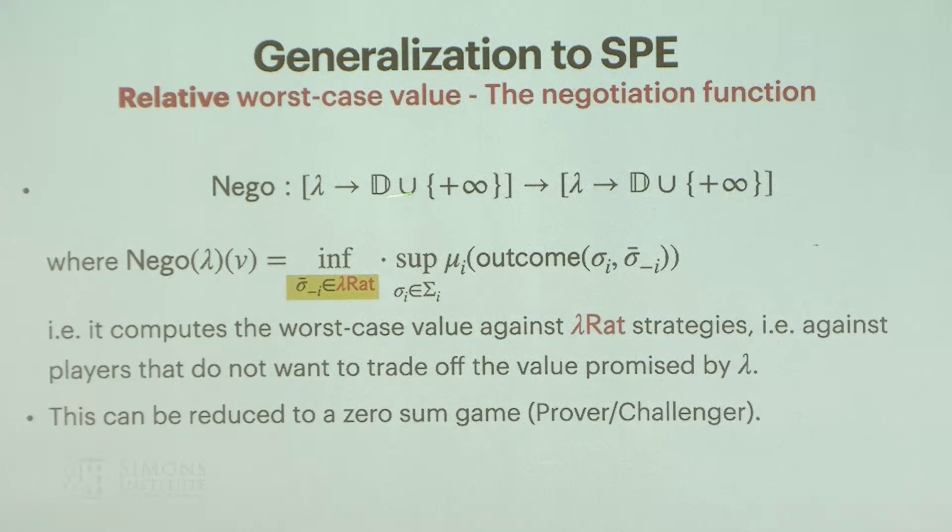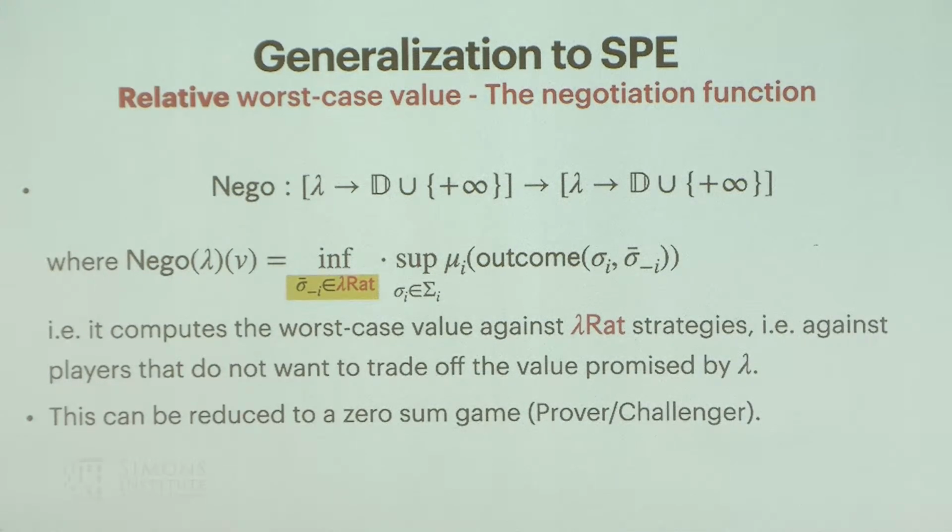We will take this value and then ask, given the vertex V, is it the case now that I can do better? You see here I will alter this quantification over the strategies of the adversaries and now limit those to behaviors that will not imply that they get less than what their worst case value allows them to get, right?